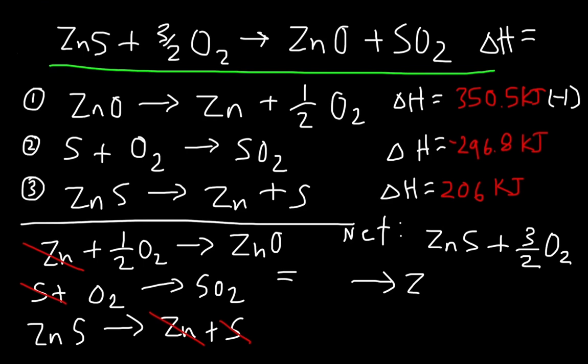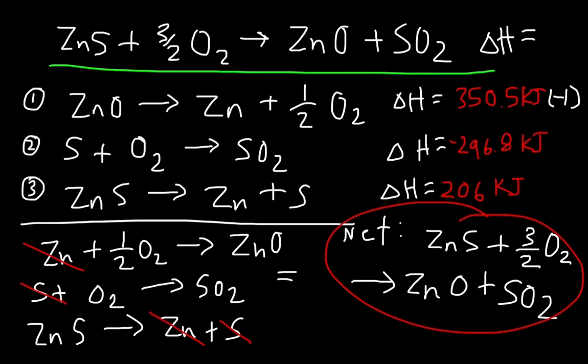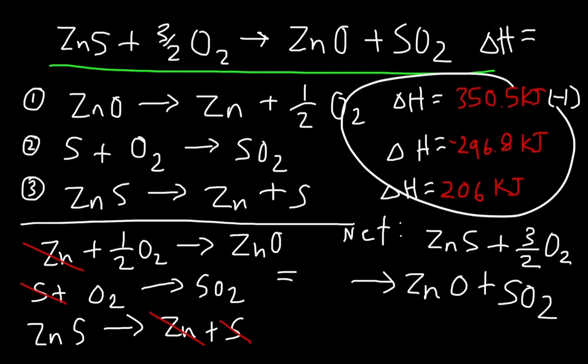And now zinc oxide plus sulfur dioxide, this is the overall net equation, and this equation is the same as this equation, so whatever we did was correct. And now we just need to add these up.